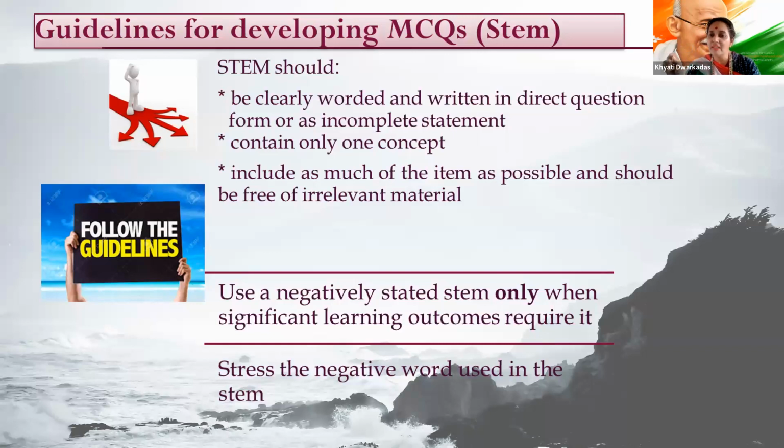Include as much of the item as possible and it should be free of irrelevant material. Use a negatively stated stem only when significant learning outcomes require it. And when you are using a negatively worded stem, you should stress on the negative word.